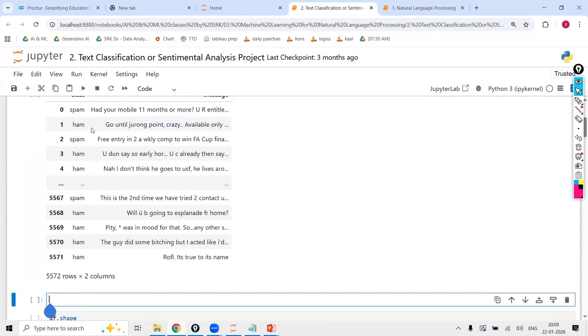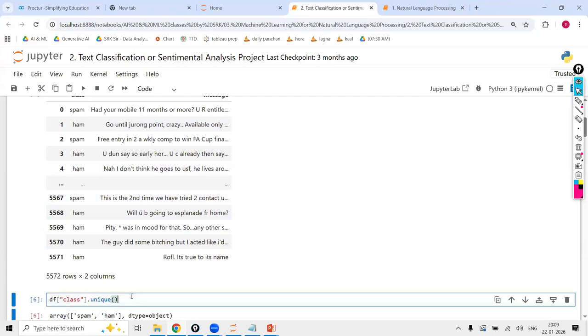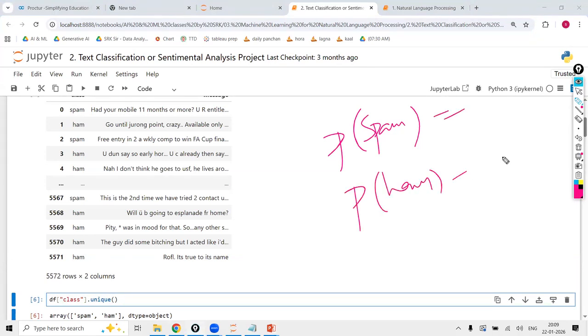Class. In the class, how many categories are there? First let us see, with unique. Just I'm asking for the unique. How many categories are there? Spam and ham. Only 2 categories are there. Now, what is the probability of spam? What is the probability of ham? Calculating these two only is called prior probability.